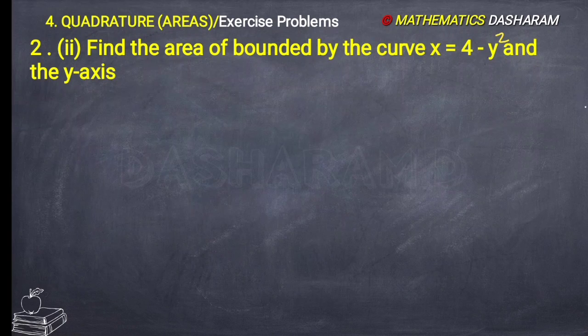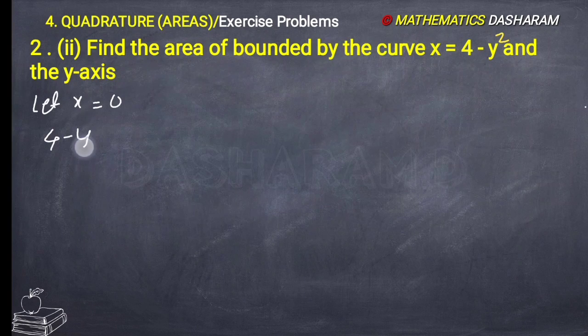Next question, find the area bounded by the curve x equals 4 minus y square and the y axis. See, till now in every question the x axis was given and y equals something was given, but here it is reversed: x value is given and the y axis is given. So let x equal 0, and since the ordinates are not given, let us find the ordinates.